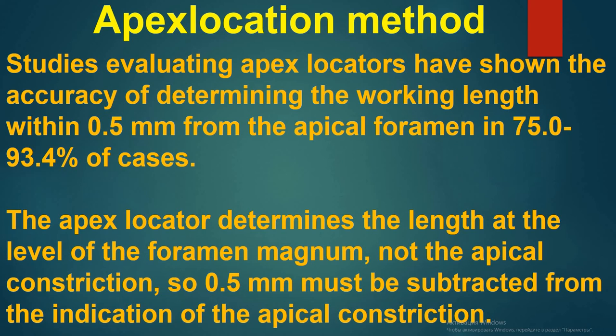The apex locator determines the length at the level of the foramen magnum, not the apical constriction. So 0.5 mm must be subtracted from the indication to get the apical constriction.